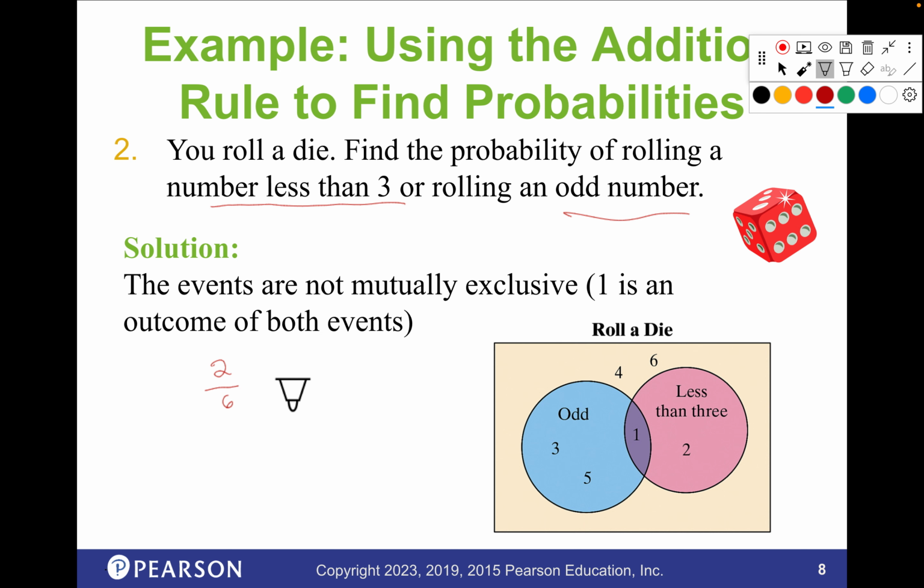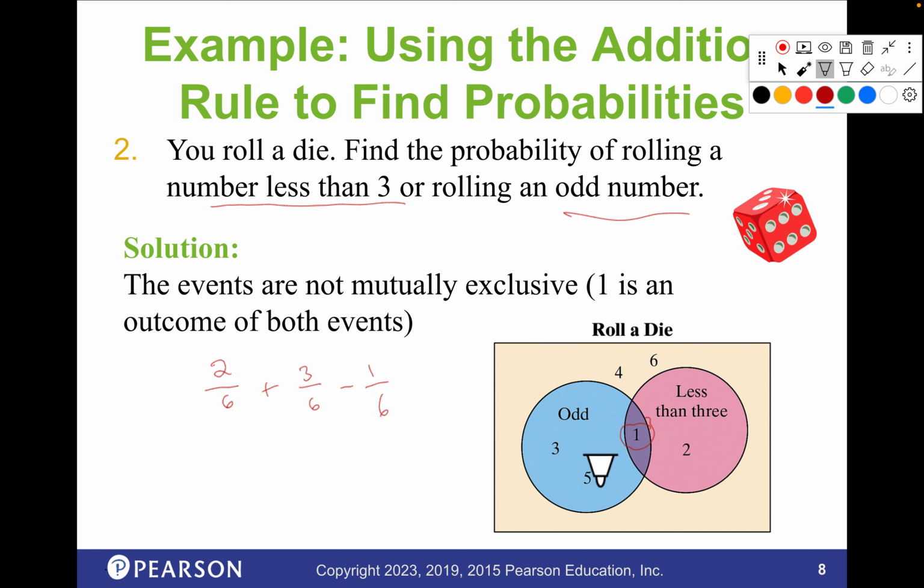And then what's the probability of rolling an odd number? Well, there's 3 odd numbers, 3 out of 6. But then what we have to do is, oh, wait, there's this overlap region. Let's subtract that because we counted it twice, right?